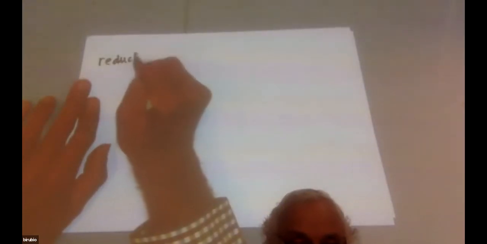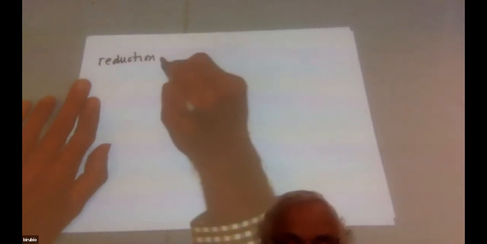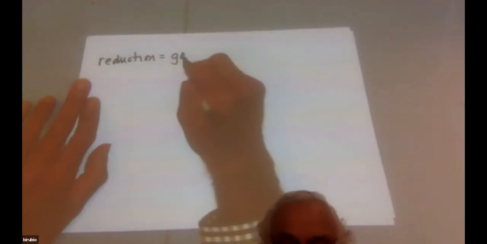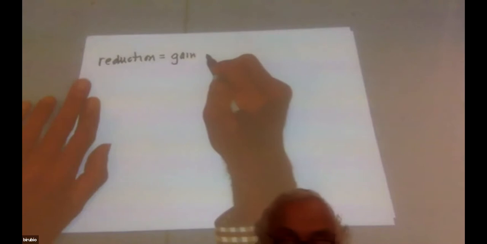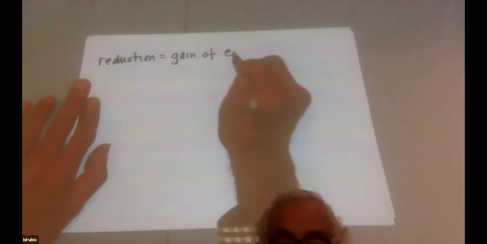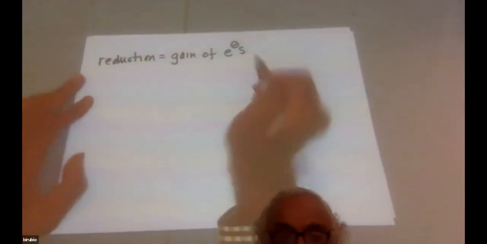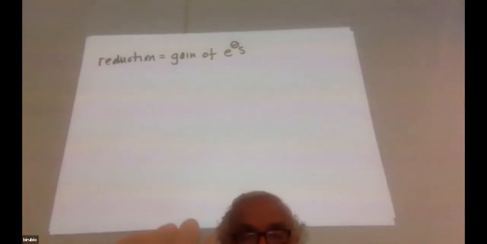Oh no, let's do reduction first. In Gen Chem, they told you that reduction is the gain of electrons. Well, that's very nice when you're talking about the zinc ion or the gold ion or something like that, but those aren't organic.